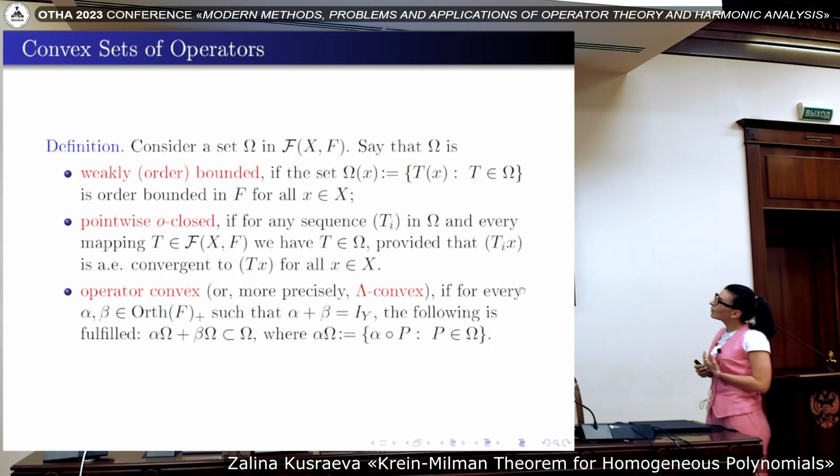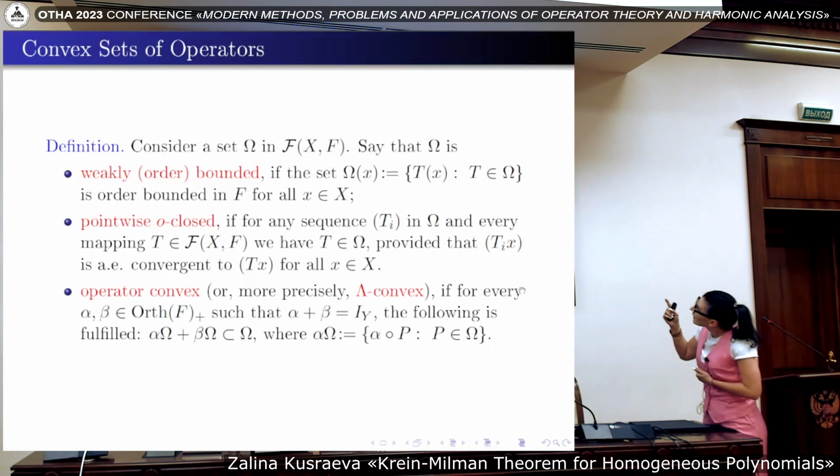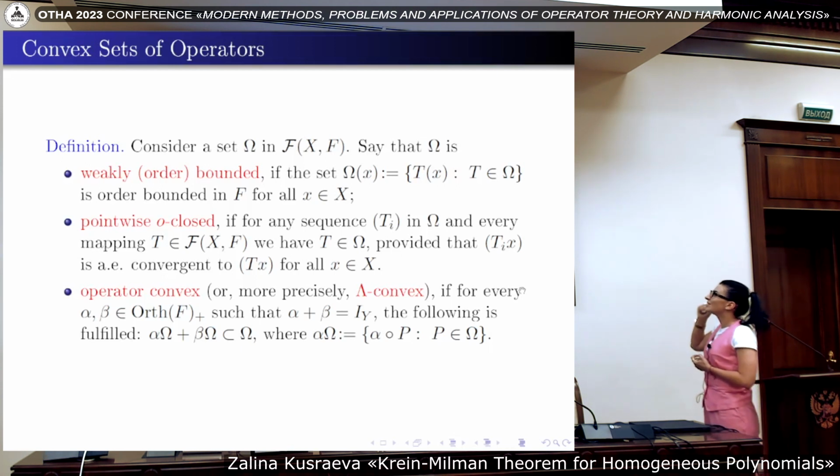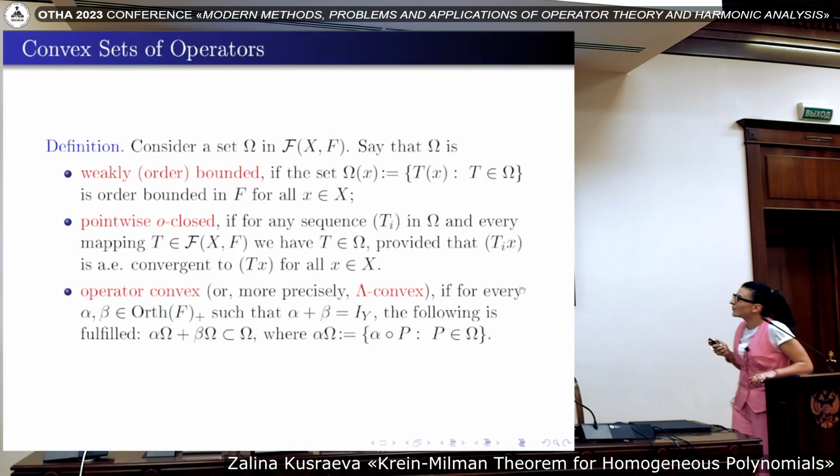Also, we call Omega pointwise order closed if for any sequence T_i in Omega and every mapping T we have T in Omega, provided that T_i(x) order converges to T(x) for all x.